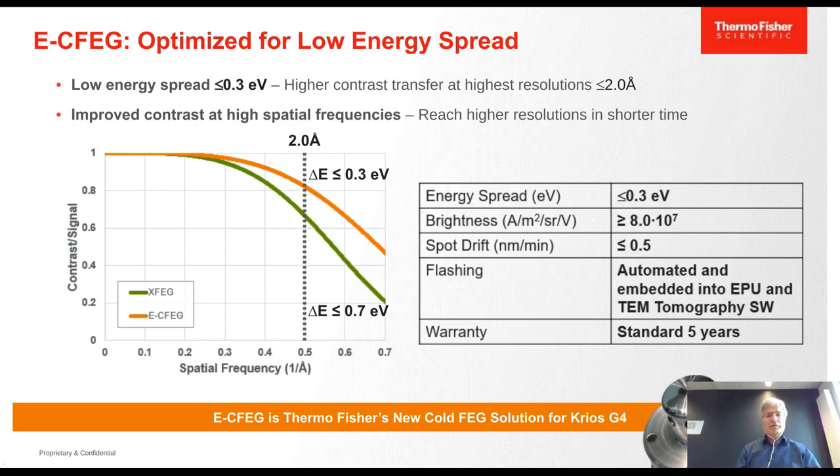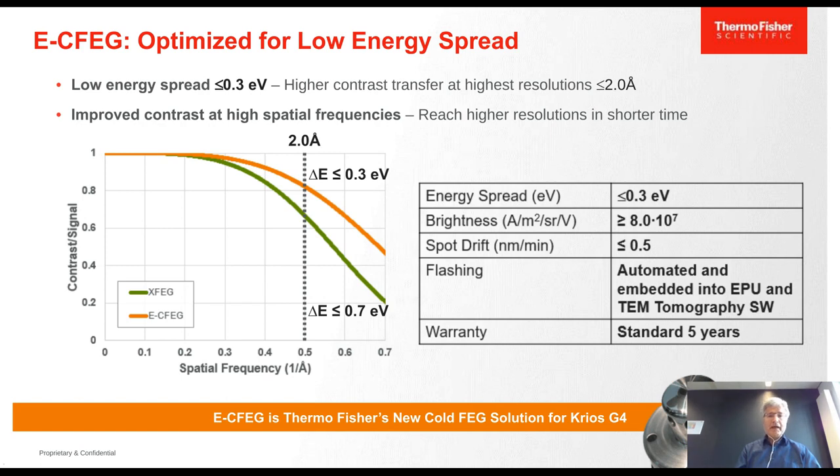And the advantage, obviously, of having this better energy spread behavior is what you can see if you look at the contrast transfer function, and you see that especially at the high spatial frequency range, there is a much stronger contrast signal with the lower energy spread.